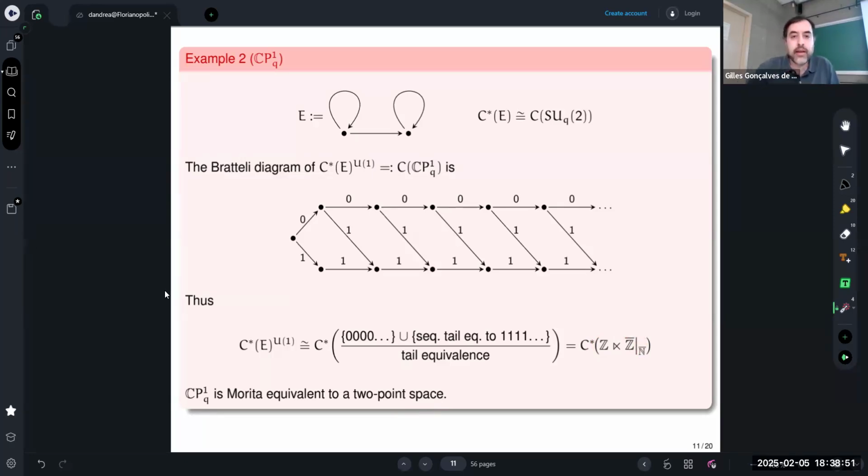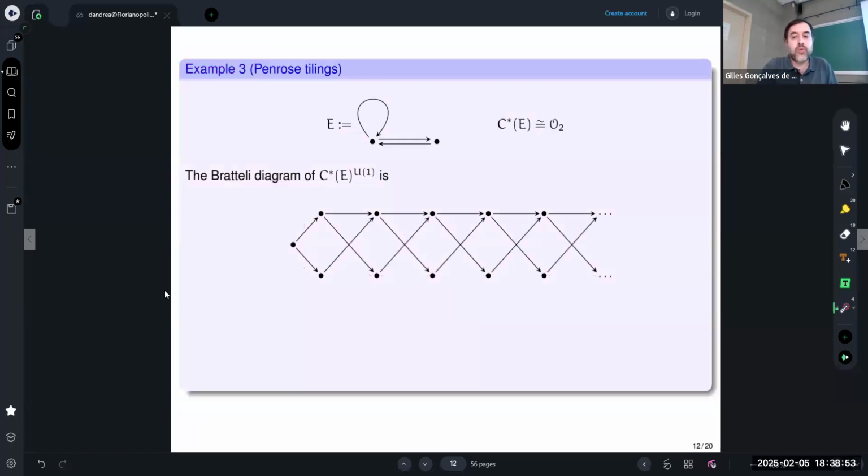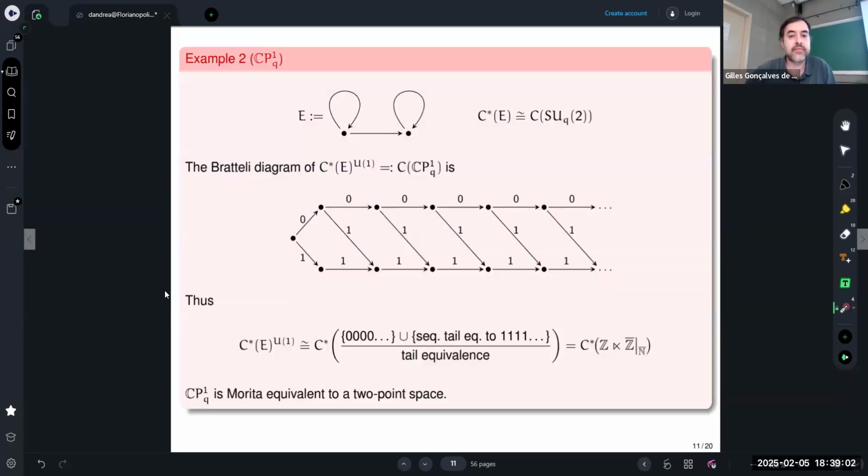Okay. Last example, maybe I'm going too slow. Last example is two vertices connected by countably many edges.